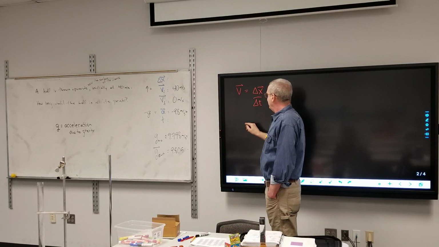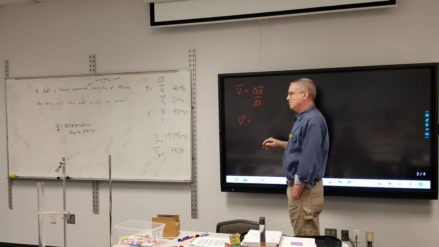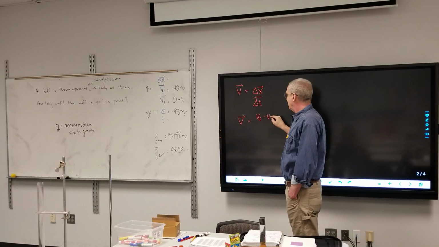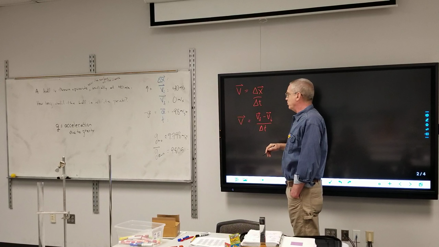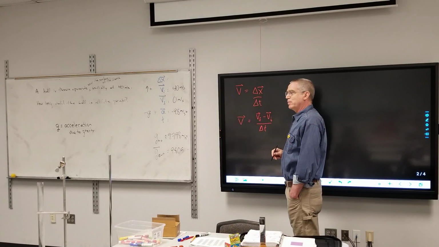Velocity equals, in the numerator, you would do final velocity minus initial velocity over time. T or delta T, whichever way you want. And I'm not commenting on correct or not, we'll worry about that in a moment.